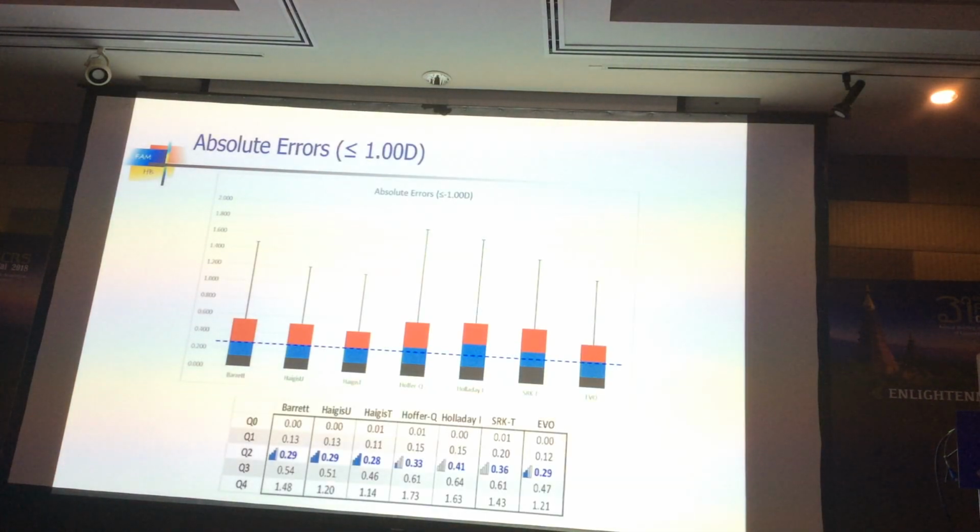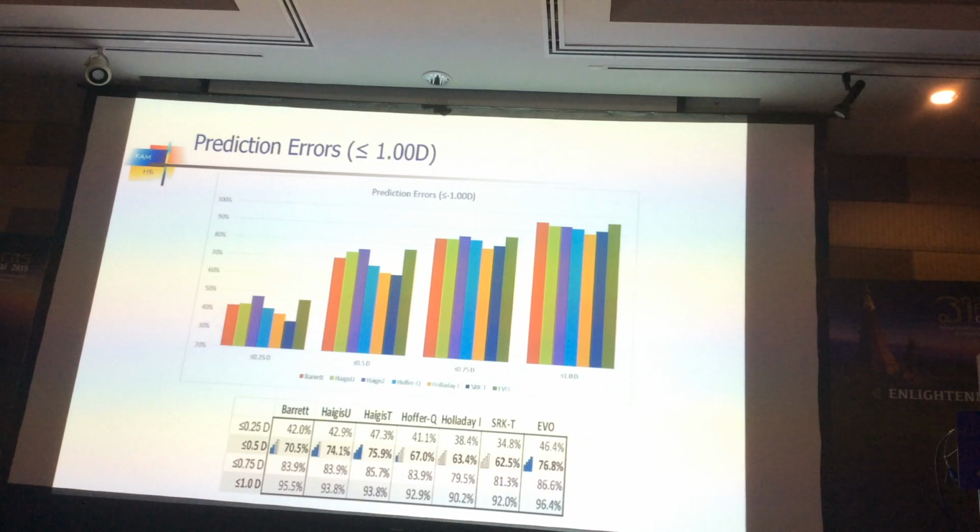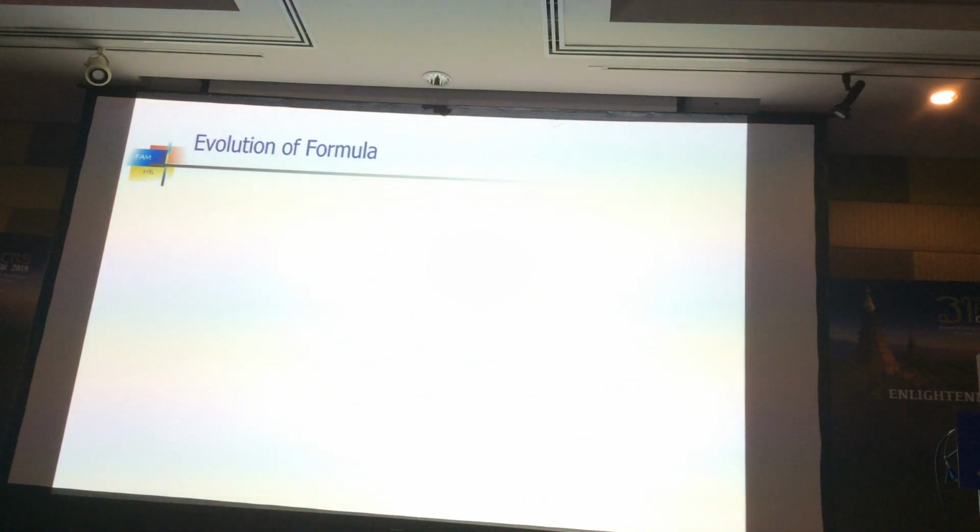Because of many eyes, 0.05 diopter can mean a big thing. So in percentage, again, it is Barrett, Haigis now make a comeback, and Evo at the back. The other formulas underperform. So with these different eyes, the trend is repeated.